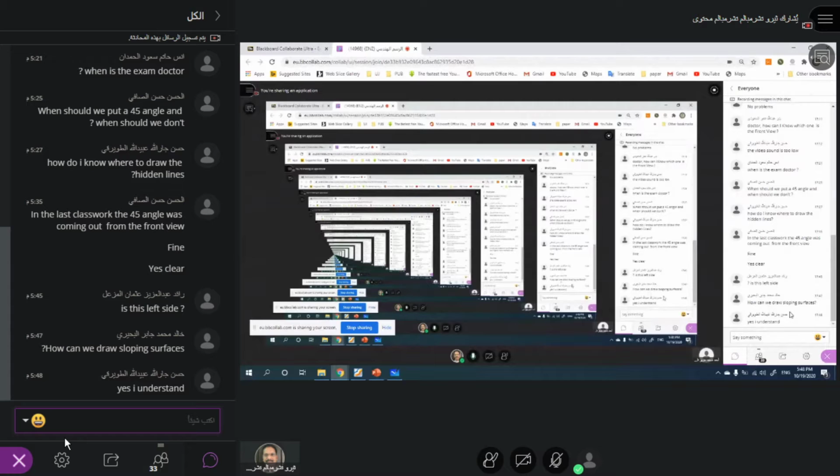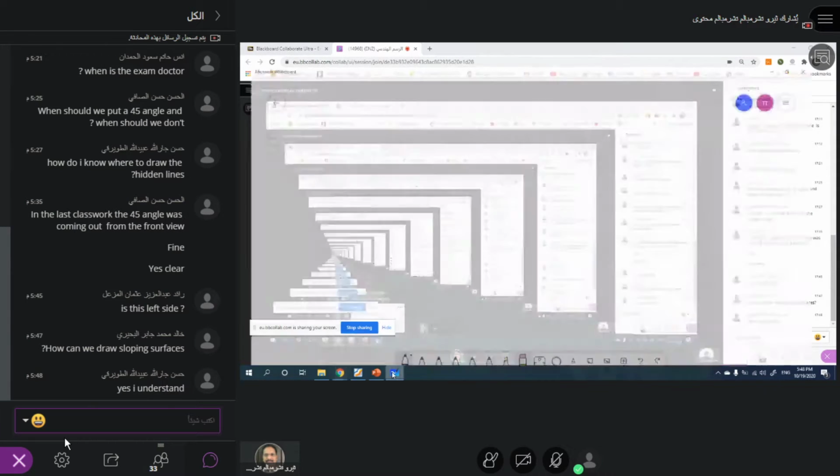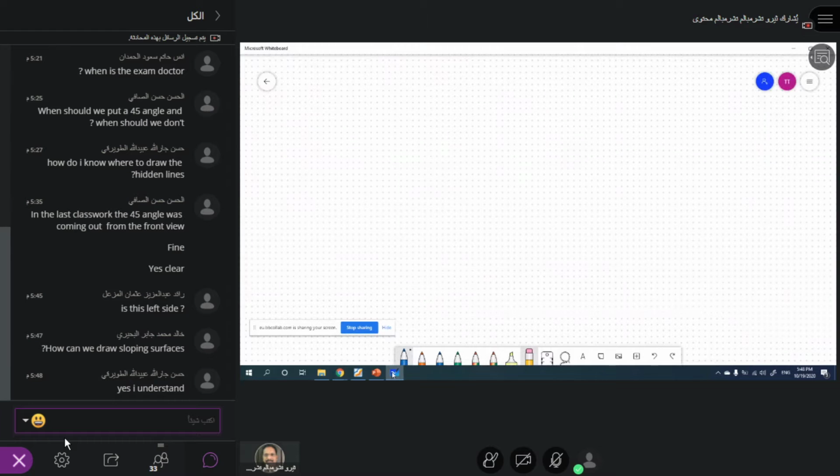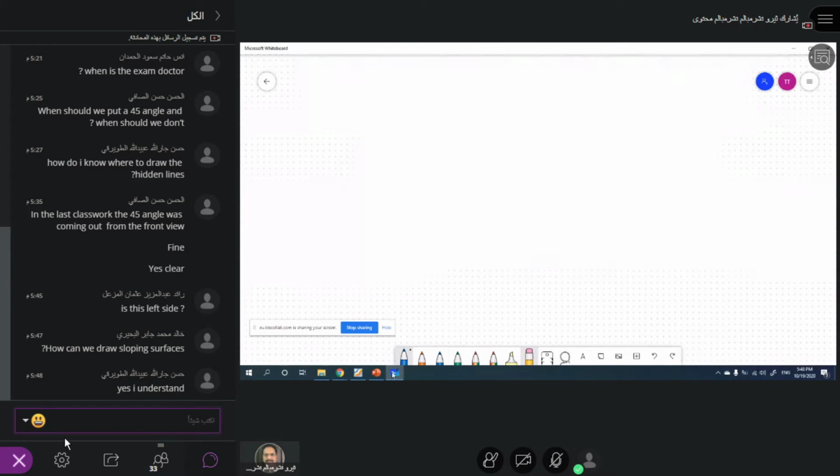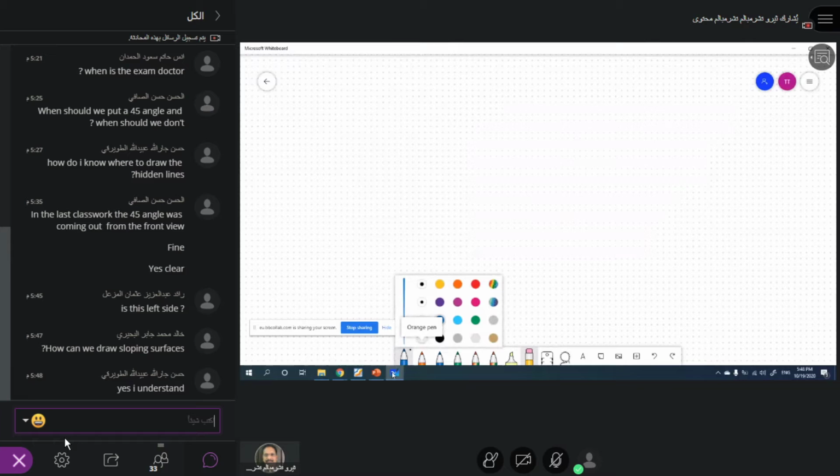How can we draw the sloping surface? Yes, sloping. Okay, a bit slope. There is no slope here. How do I know where to draw the hidden line? Okay, slope. How can you draw the slope? This is a good question, by the way. I'm sure you must be struggling, this guy.